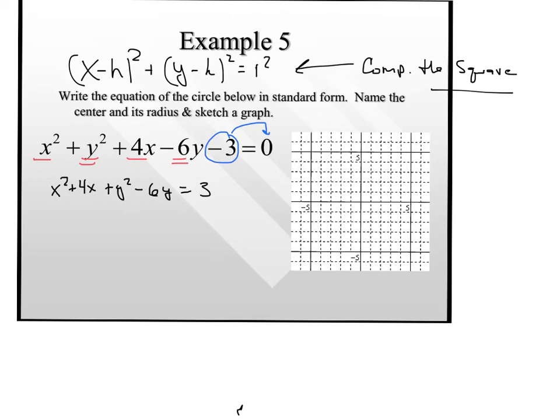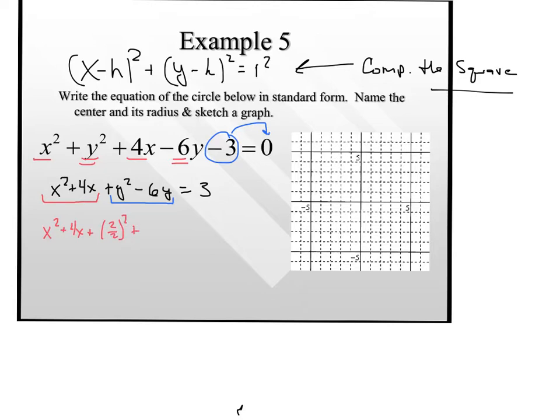And I'm basically going to split this into two different parts. I'm going to do the x's in red and the y's in blue, and I'm going to complete the square for each one on the same side. So for x, we're going to take that middle number, divide it by 2 and square it.